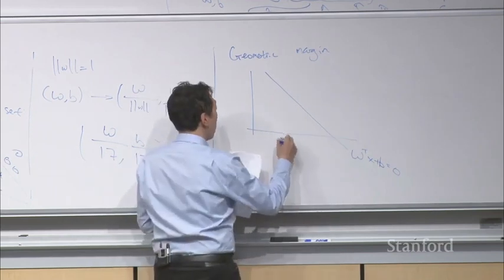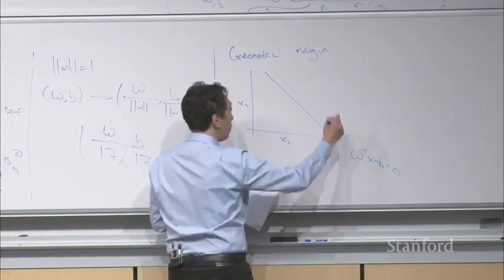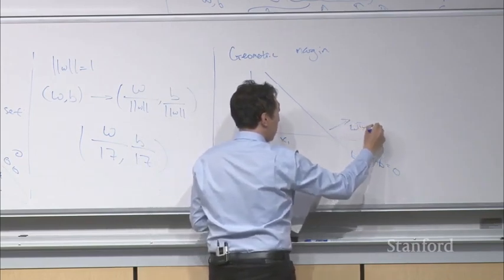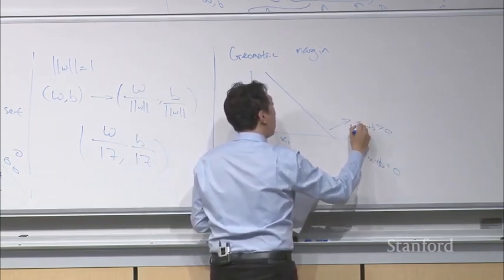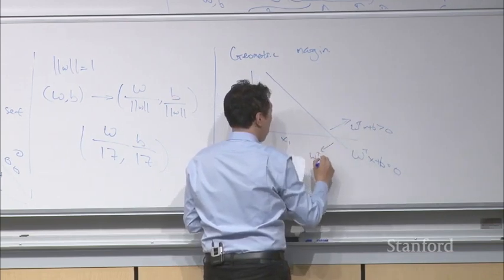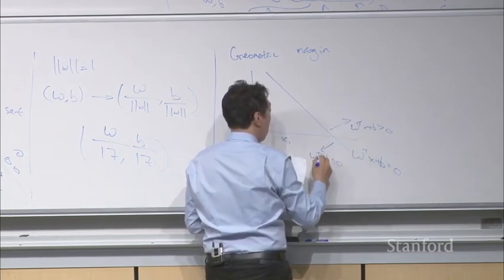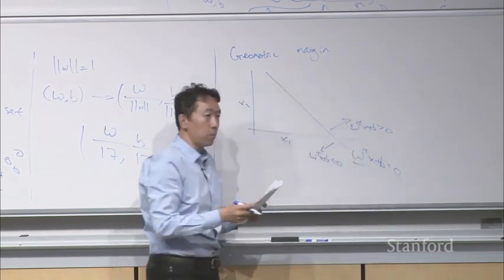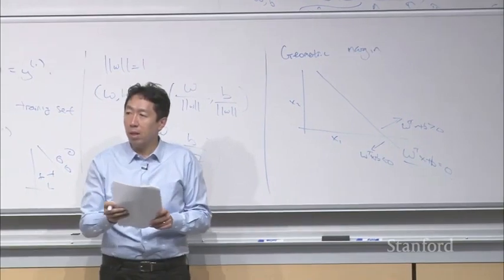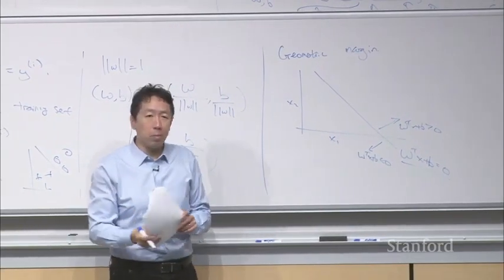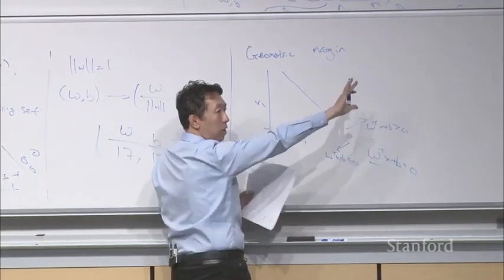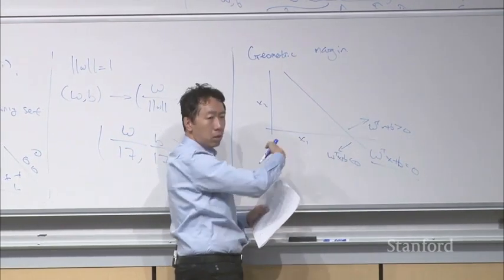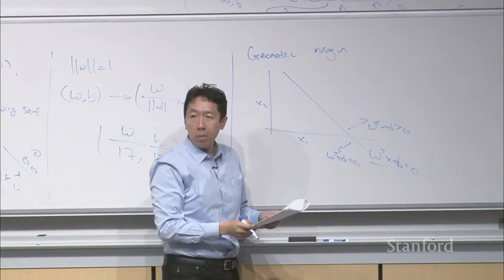So the axes here are x1 and x2. In this half of the plane, you have W transpose x plus B greater than 0, and in this half, you'd have W transpose x plus B less than 0. And in between is the straight line given by the equation W transpose x plus B equals 0. So given parameters W and B, the upper right is where your classifier will predict y equals 1, and the lower left is where it will predict y equals negative 1.